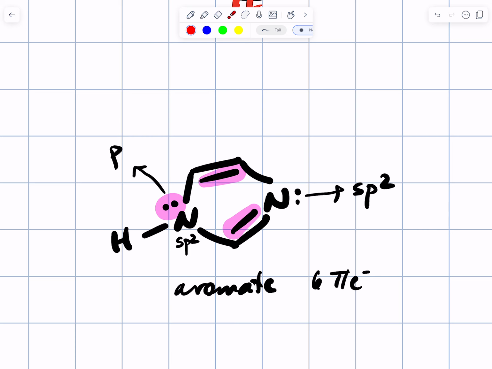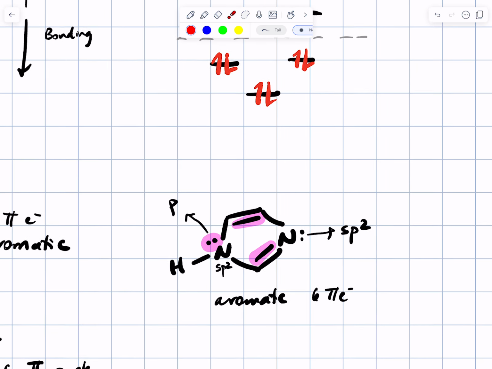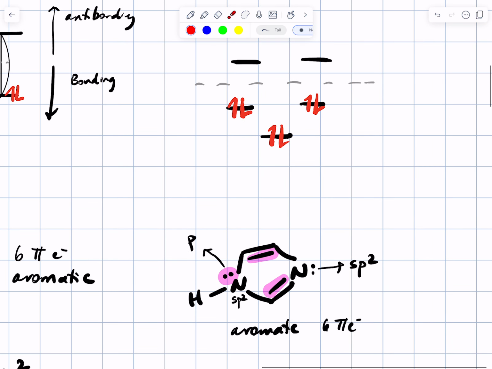Yeah? Going back to the 5 number range that you decided, why is there 6 electrons? There are 6 electrons here because we're only counting the electrons that are in pink. The reason we don't count this lone pair is because it's in an sp2 orbital and it's not in the pi system.